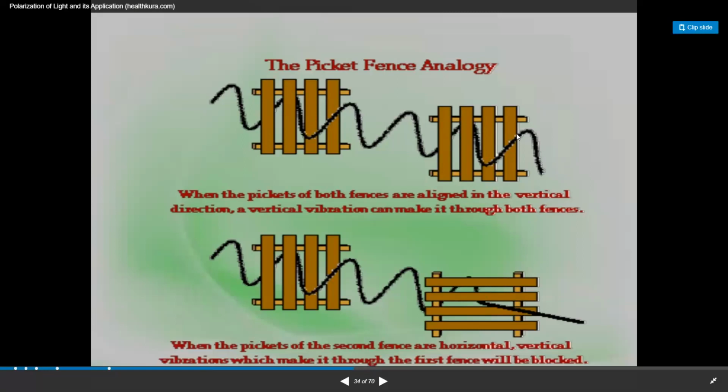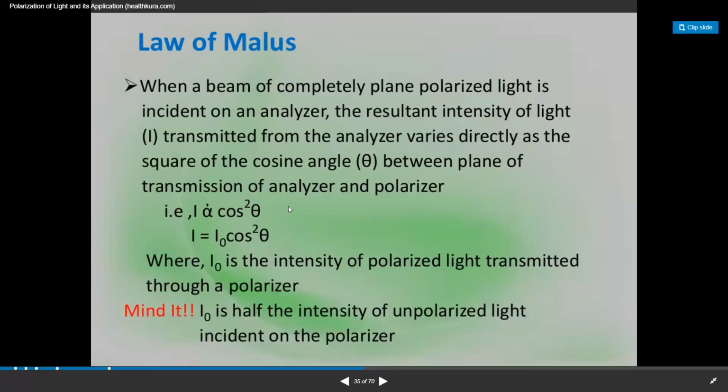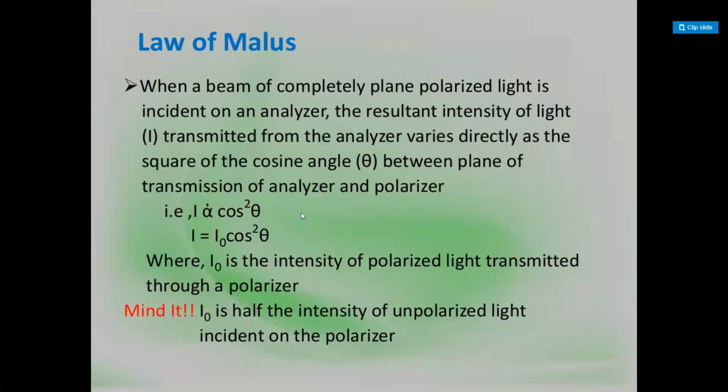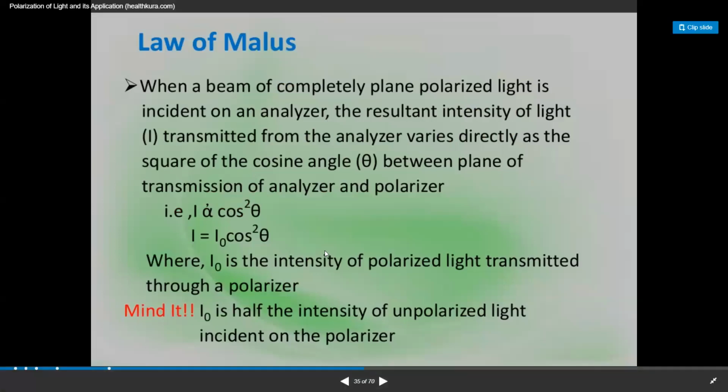That means the intensity of the emitted light after the analyzer is explained with the help of Malus law. What Malus law is and its derivation we already discussed in the previous section.